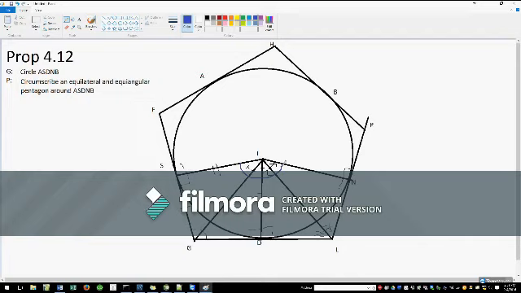I forgot 27. Better to do this sort of thing so it's clear, instead of just doing this, it doesn't make any sense.